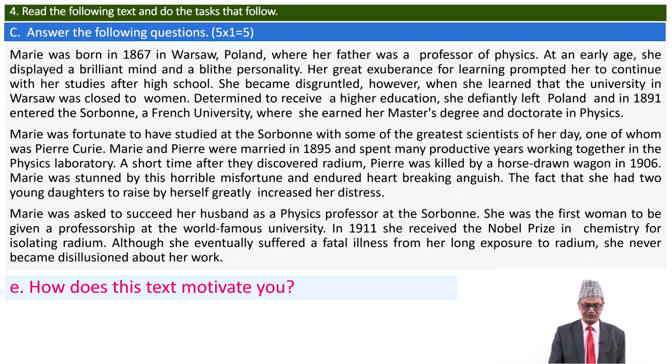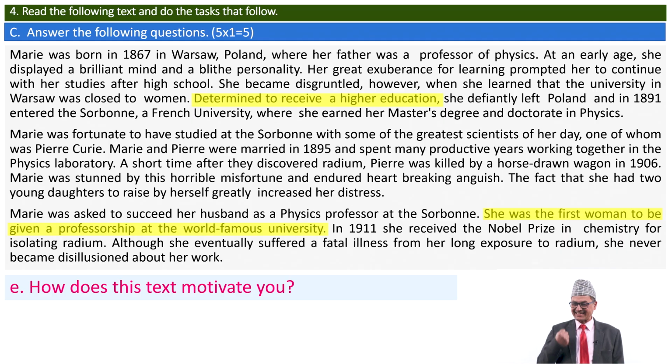The last question is, how does this text motivate you? Where is the information? After reading the text, we learn that when we are determined to work on something, then definitely we get success.